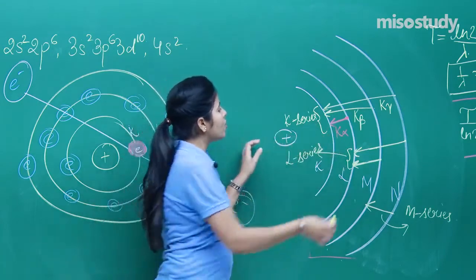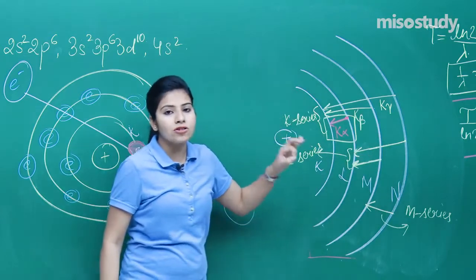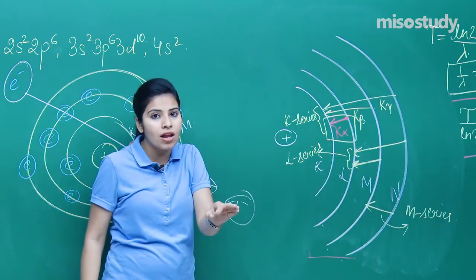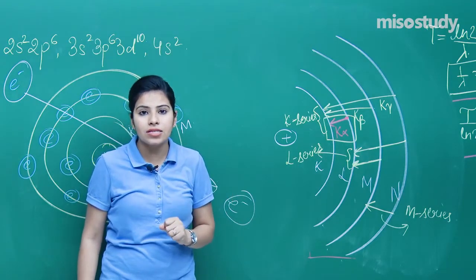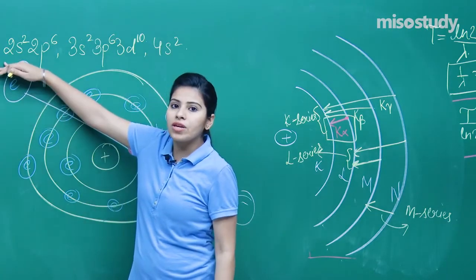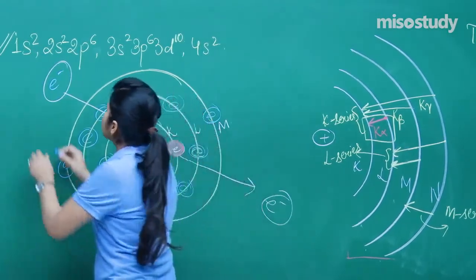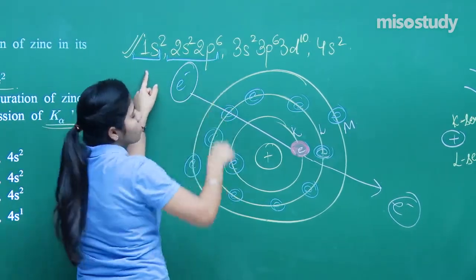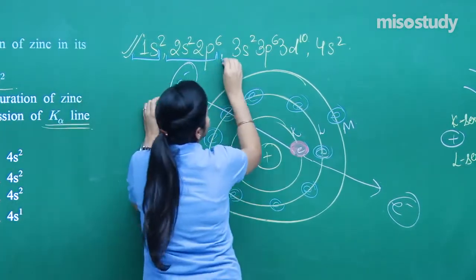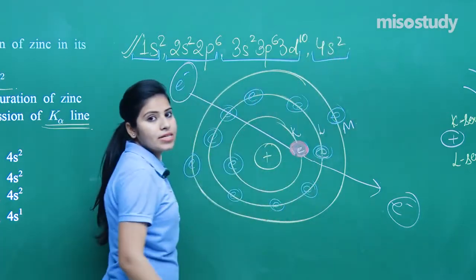And now in the question we have been given this K alpha series. That means if the electron comes from the L shell to the K shell, that will be the K alpha series. So in the question we have been given this configuration. You know that this is your K series, this 2 is your L series, this is your M series, and this will be your N series.